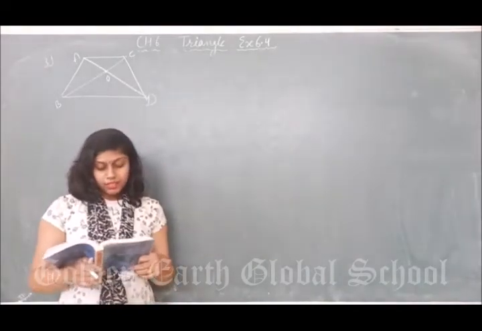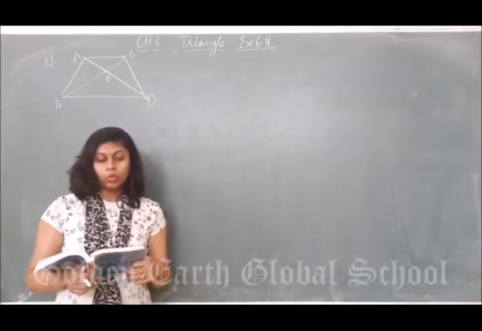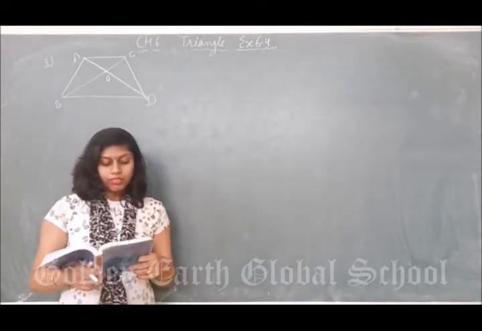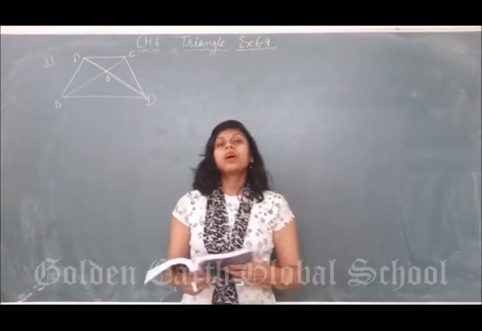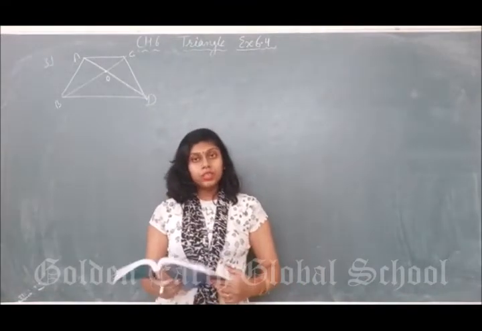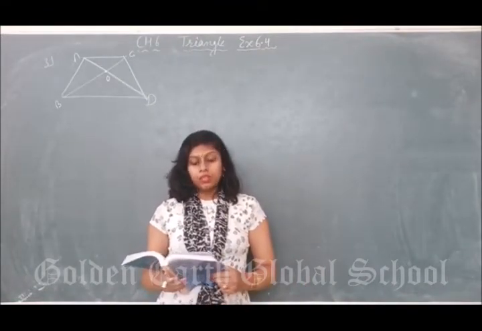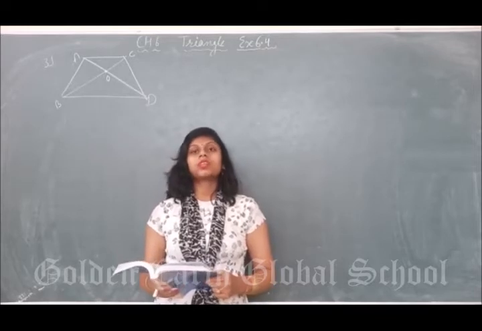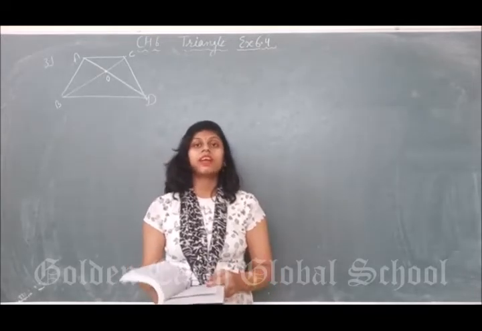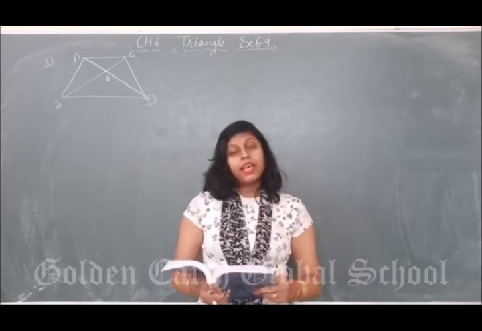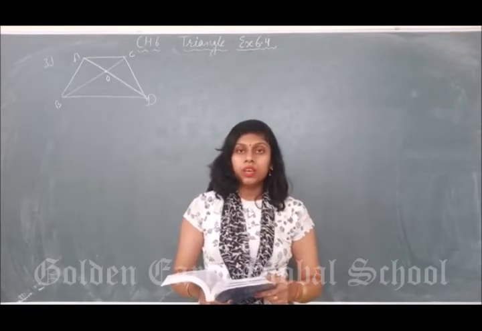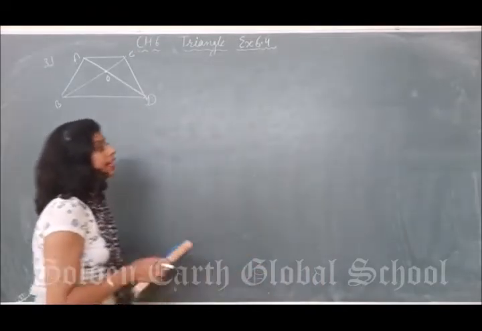If AD intersects BC at point O, show that area of ABC upon area of DBC is equal to AO upon DO. Now see, here we can't use the result that the ratio of areas of triangles is equal to the ratio of the squares of corresponding sides. Why? Because on the right hand side the term is AO upon DO, not its square. So we can't use that result.